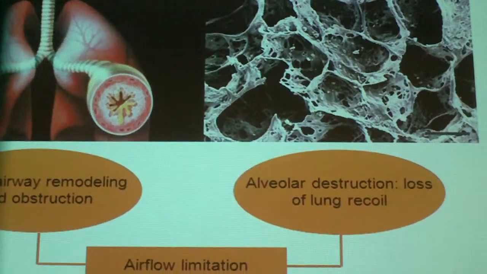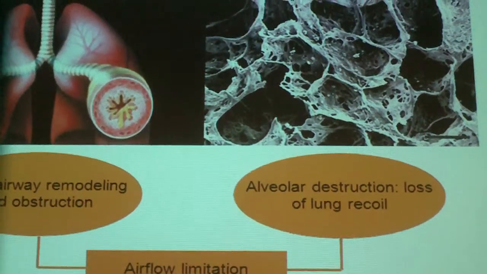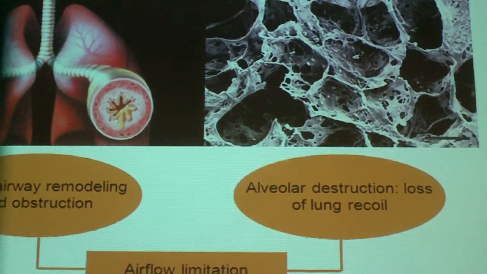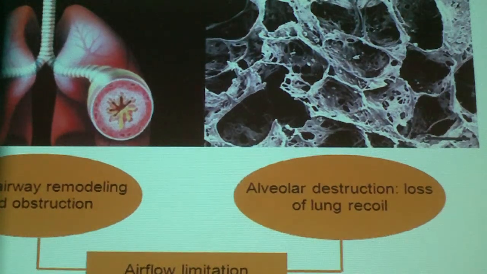Also because the goblet cells will secrete more mucus. That's one part, and it's very easy to realize that if there is an obstruction, narrowing of the airways, this will result in airflow limitation. But the other part is at the lungs.